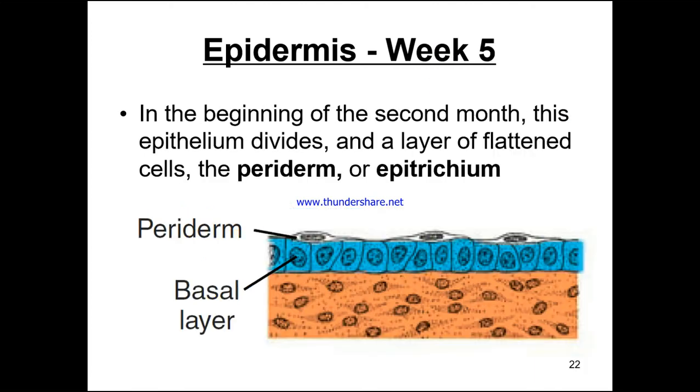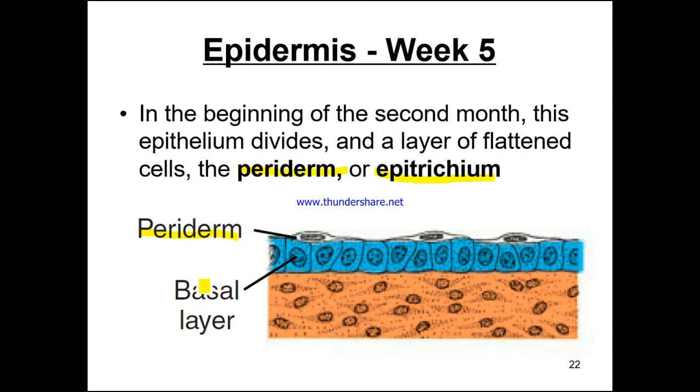From week 4 to week 5, in the beginning of the second month, this epithelium divides and a layer of flattened cells, the periderm or epitrichium, starts to form. So here we have the periderm. This is from week 4 to week 5.